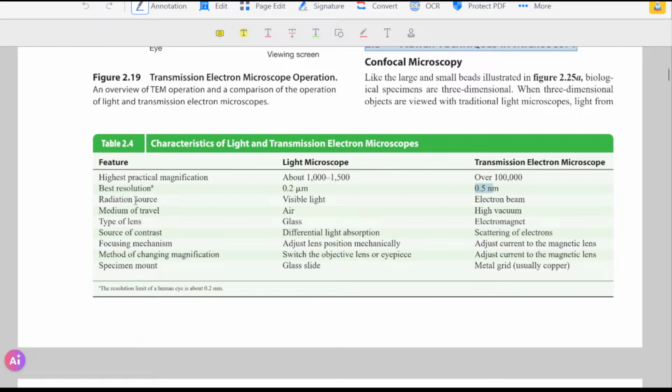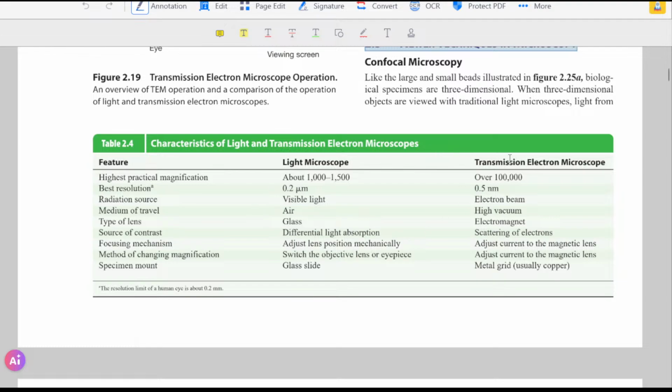Radiation source means what light or what beam or what wavelength is used. Here it is visible light, while in transmission electron it is an electron beam. Remember, they are using transmission electron again, because the SEM and the TEM are almost the same, except how they manufacture the image is a little bit different.